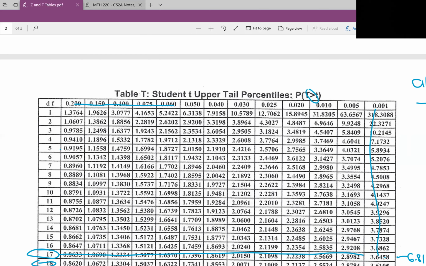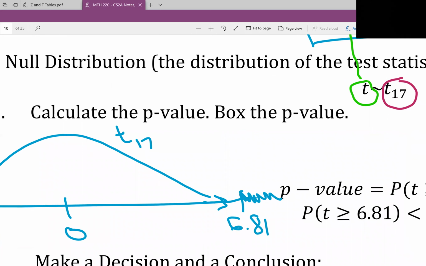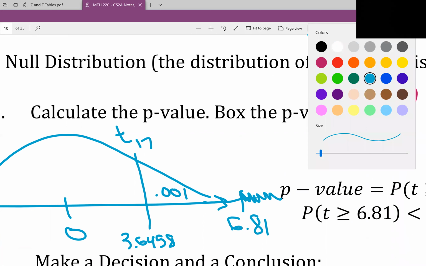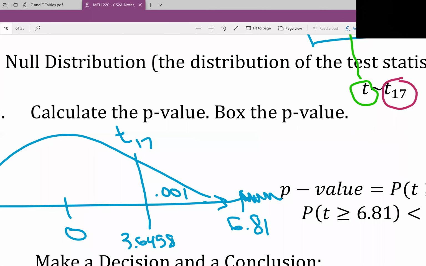If I were to draw my curve, the area above 3.6458 is 0.001. So if I were to shade that in a slightly different color, that incorporates all of the area above 3.6458, including the area above 6.81.